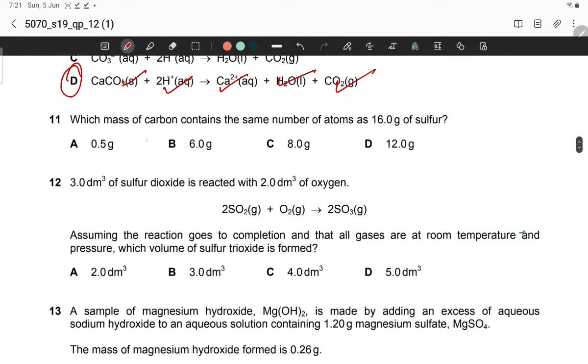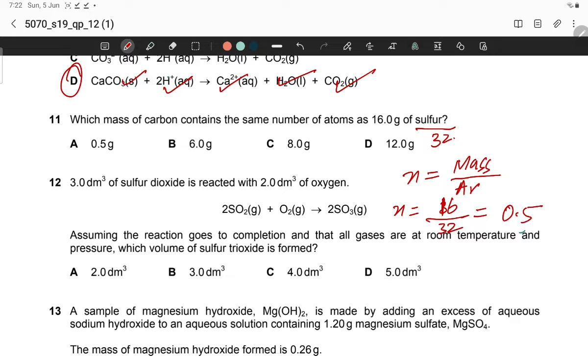Question: what mass of carbon dioxide contains the same number of atoms as 16 gram of sulfur? Sulfur Ar is 32. So n is equal to mass over Ar, 16 divided by 32, which is equal to 0.5.